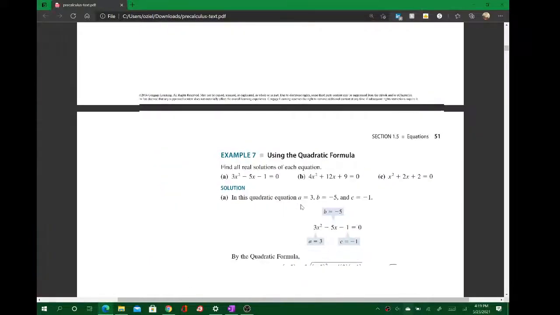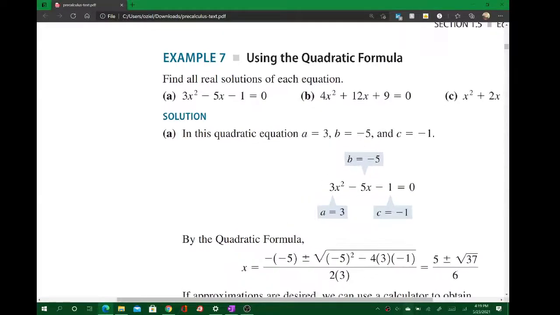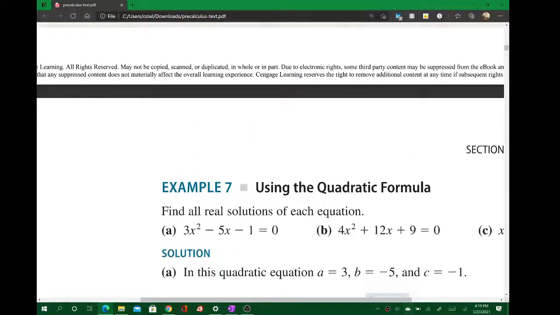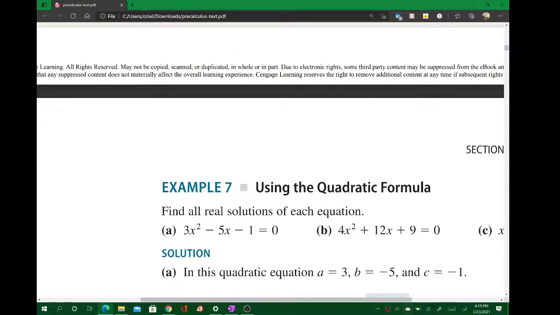It's kind of your last resort if you don't know how to solve it using factoring or completing the square. You can always use the quadratic formula.